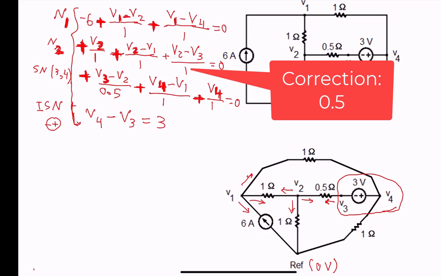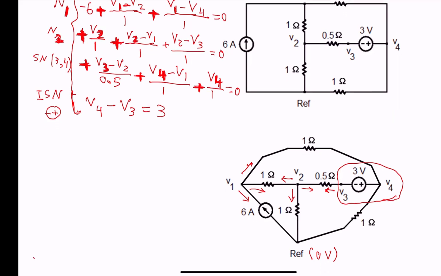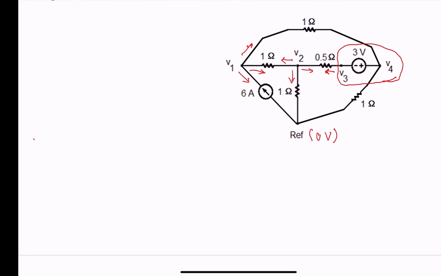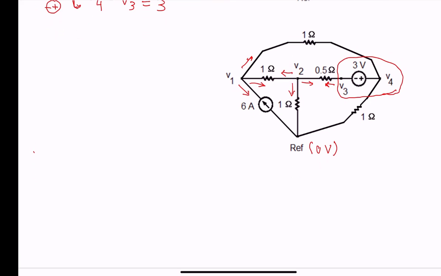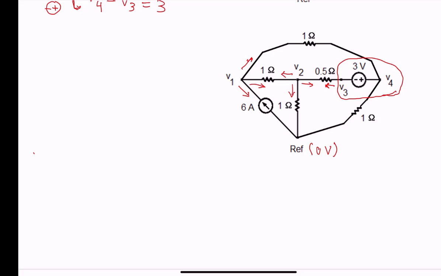Now we have 4 equations. Let us simplify those. Simplifying the equations, we have 2V1 for the first equation minus V2 minus V4 equal to 6, negative V1 plus 4V2 minus 2V3 equal to 0.